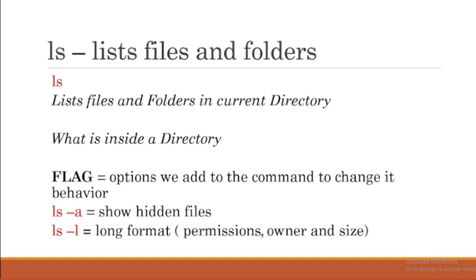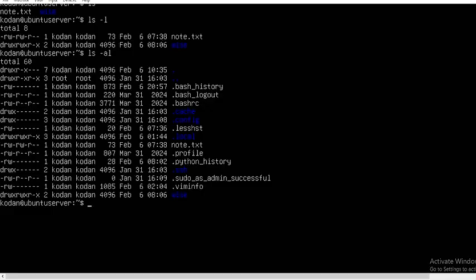You use it to see permissions, ownership and file size. When you look at the permissions, we see rwx, and we see drwx or -rw. If it starts with d, it tells you it is a directory, and if it starts with a hyphen, it is a file. So when you look at .cache, you see it starts with d, so it tells you .cache is a directory.